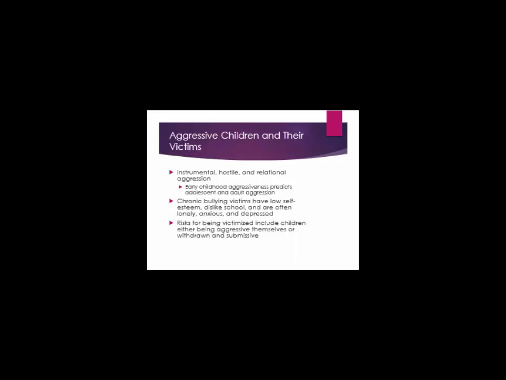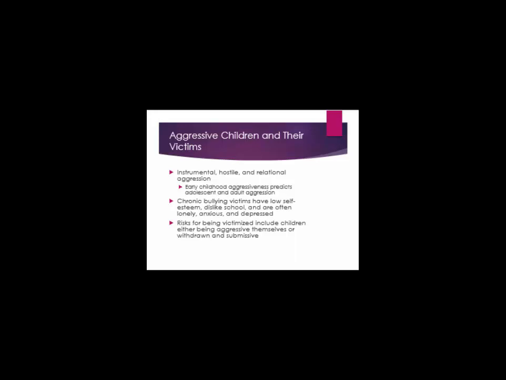The movie Mean Girls. Children's tendencies to behave aggressively are stable over time. Some of the long-term outcomes of childhood aggressing include poor adjustment to high school, unemployment, and violent behavior in adulthood. Chronic victims of aggression are often lonely, anxious, depressed. They don't like school. They have very low self-esteem. And there are 2 types of individuals who are more likely to become victims.